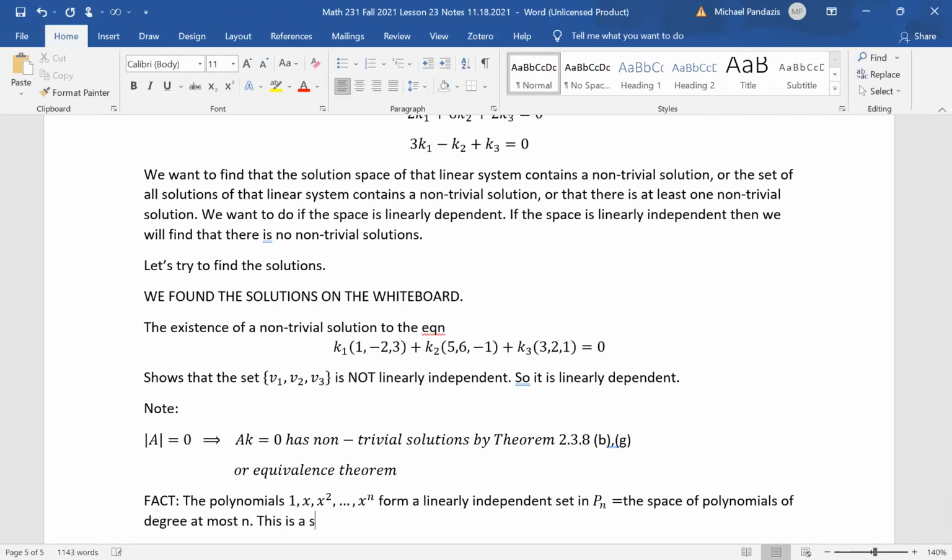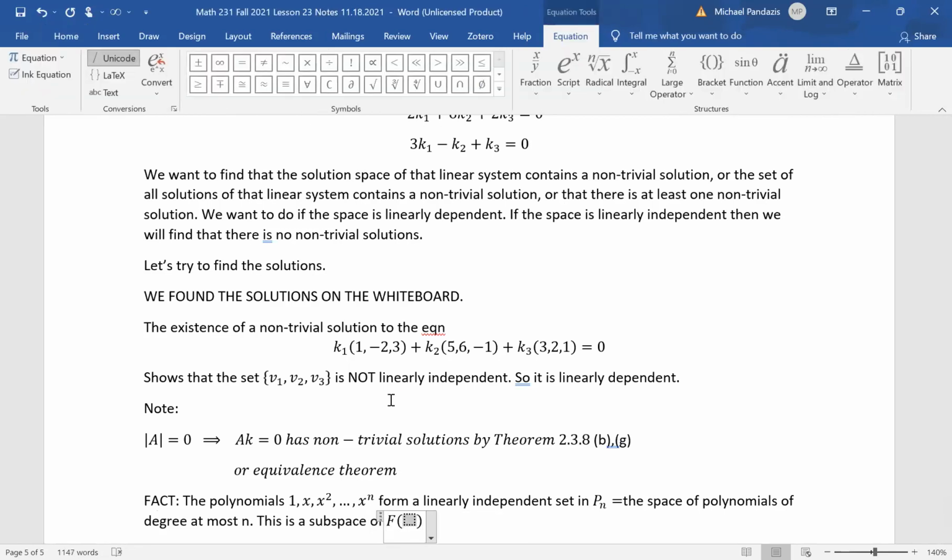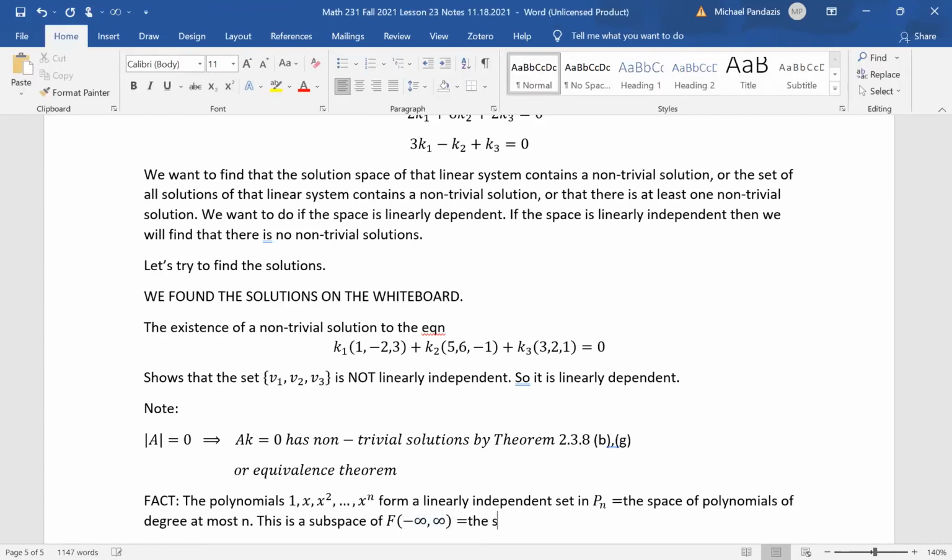This is a subspace of capital F of negative infinity, comma infinity, which is the space of all functions defined on the real line.